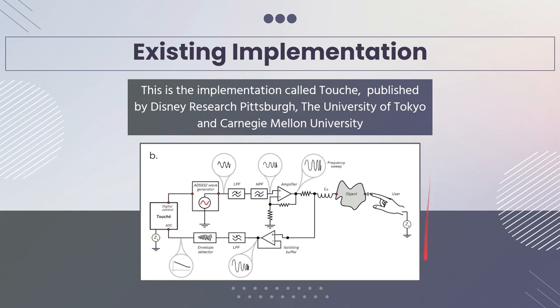As we can see here, the existing implementation is extremely complex and sophisticated, requiring multiple filters, a wave generator, amplifiers, and so on. We aim to simplify this technique using a much simpler approach with Arduino and cheaper components that we can buy off the shelf, and try to achieve comparable results.